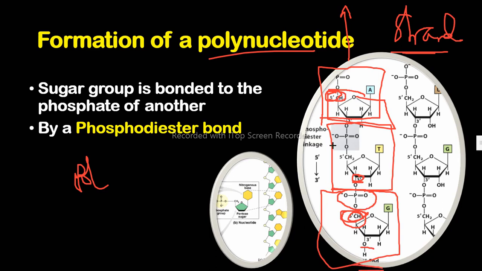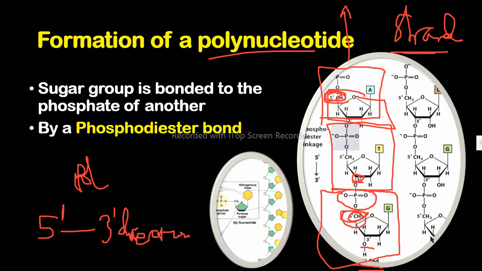So when we are giving direction to this polynucleotide strand that is formed, it is either going to be 5 prime to 3 prime direction. So this one reads from 5 to 3 prime.